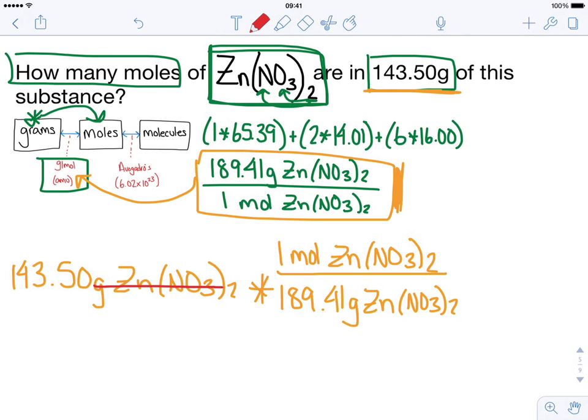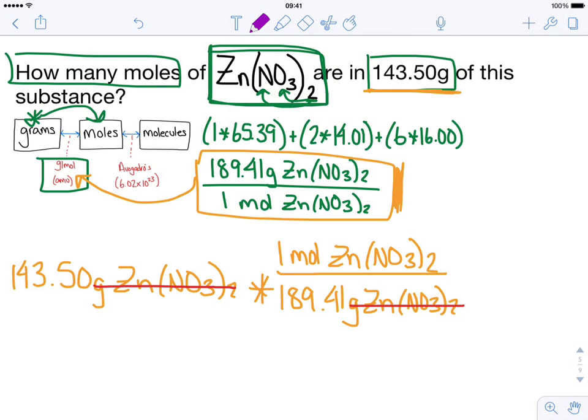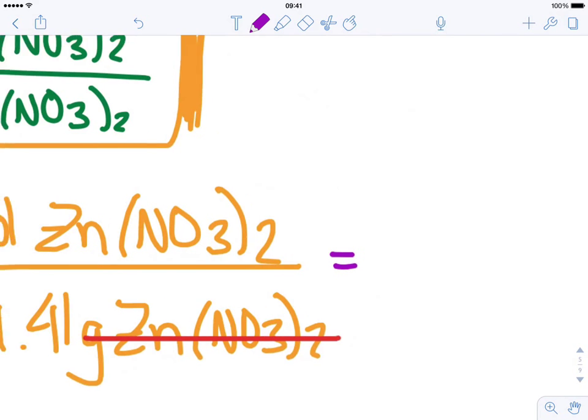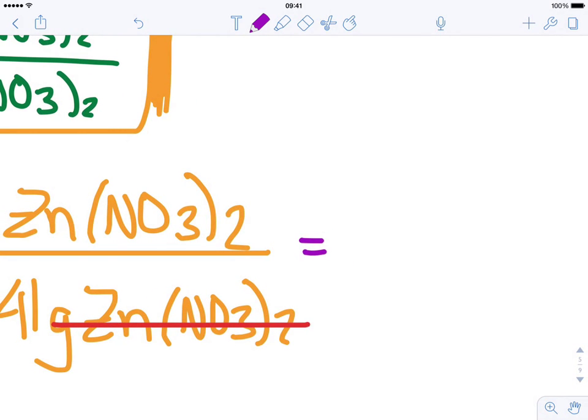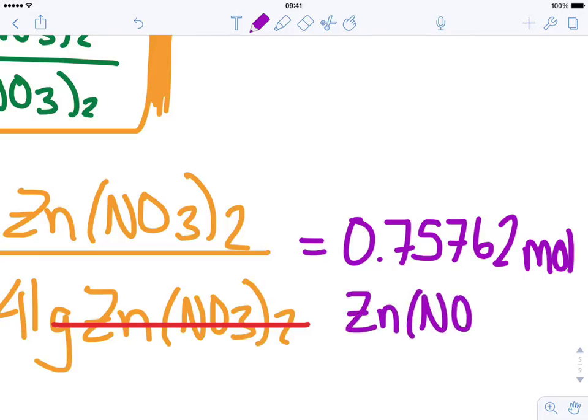Now what that does is that cancels out our units. Grams of ZnNO3, grams of ZnNO3. Now when you divide these numbers, you should get 0.75762 mole of ZnNO3, right?